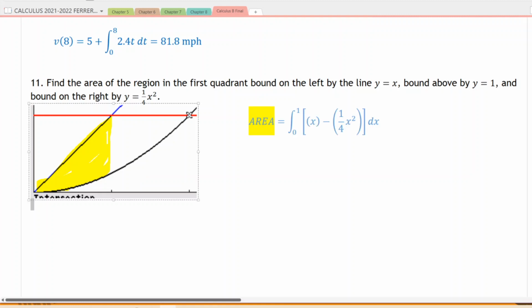So this yellow area is the integral from 0 to 1 of the blue curve minus the black curve. And the second area that I want to consider is this one that I'm drawing in blue, and that's going to be the red curve minus the black curve.